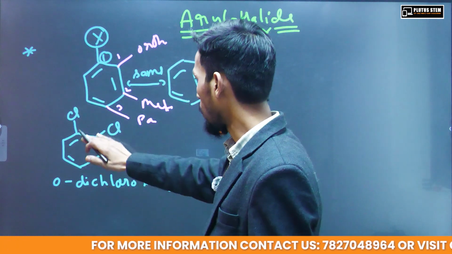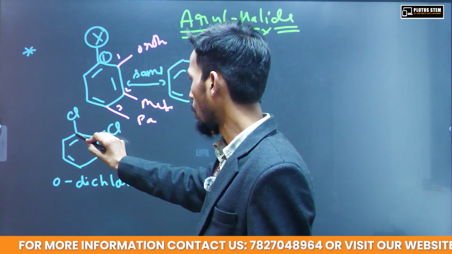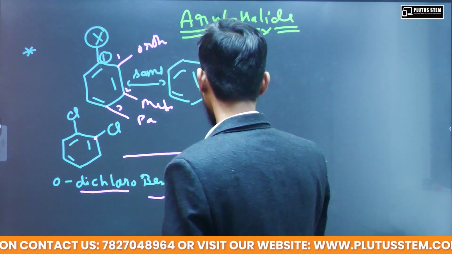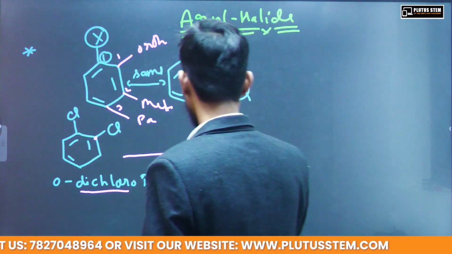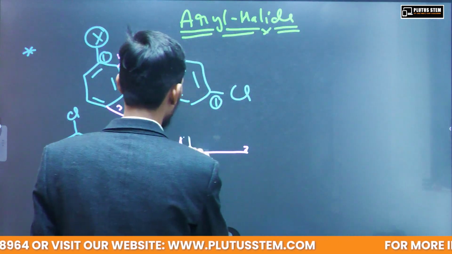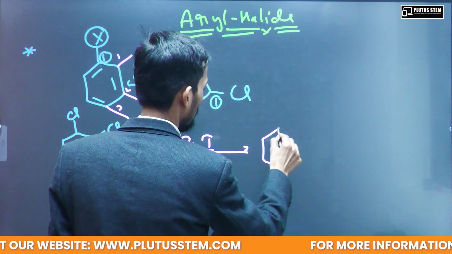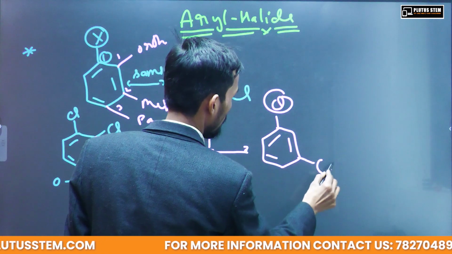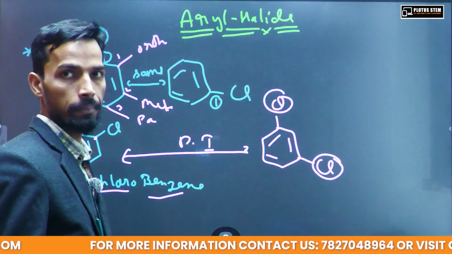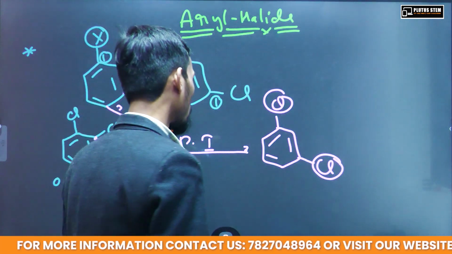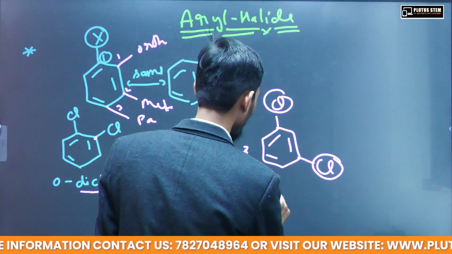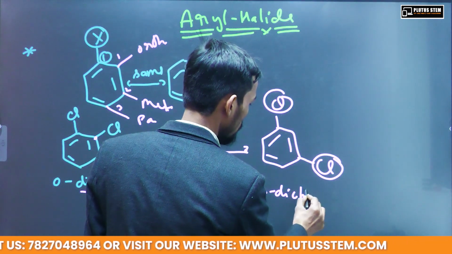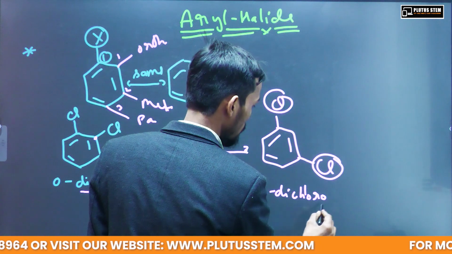So at the ortho position, this Cl and this Cl, two chloro are there, ortho dichlorobenzene. If you want to draw the isomer of this, we can have positional isomers. This Cl and this Cl, this is now meta dichlorobenzene.